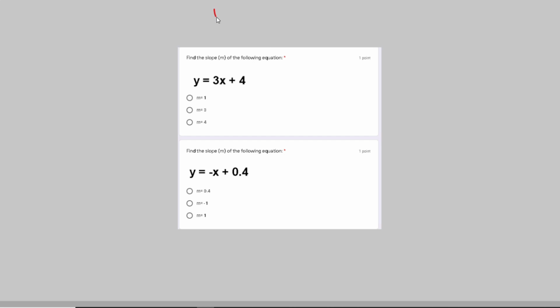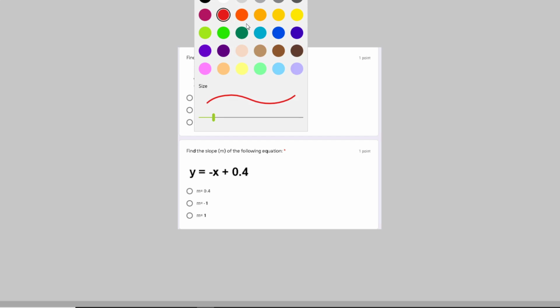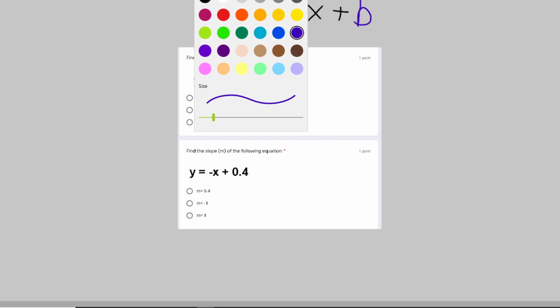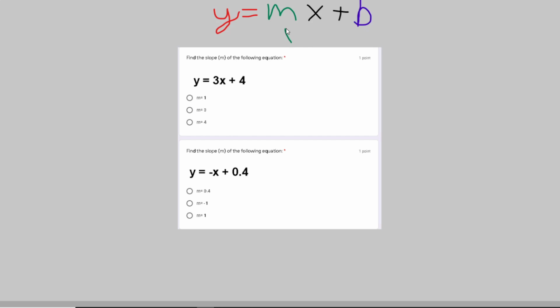So first off, remember y is equal to mx plus b. Okay, so m, the number in front of the x, is the slope.